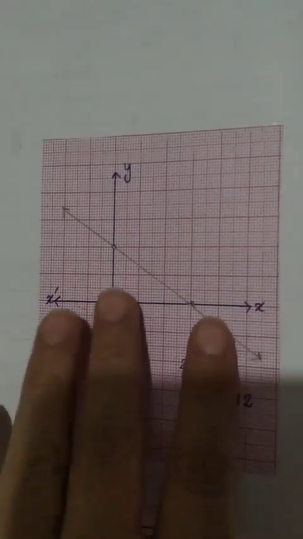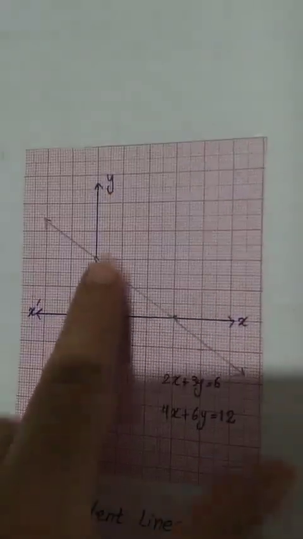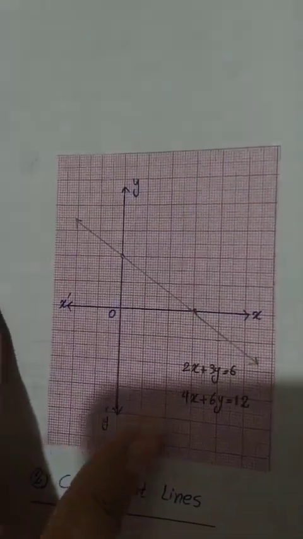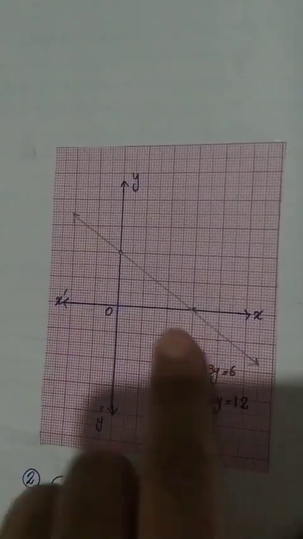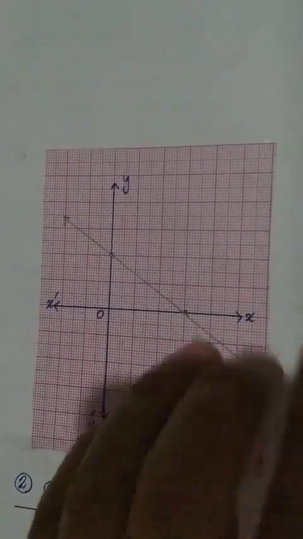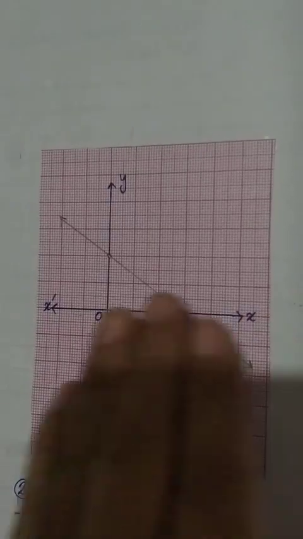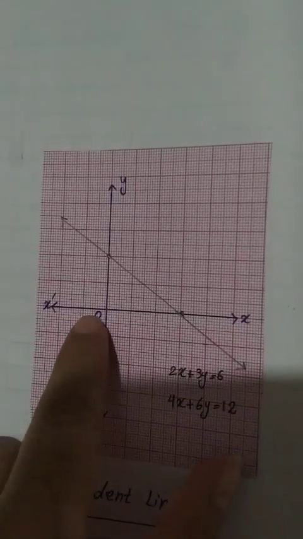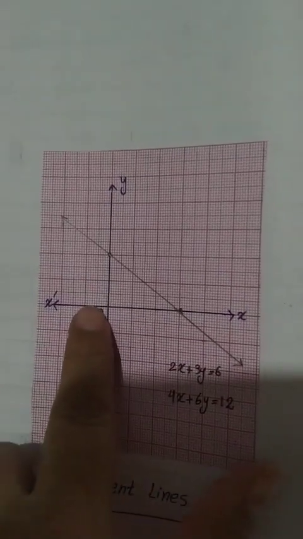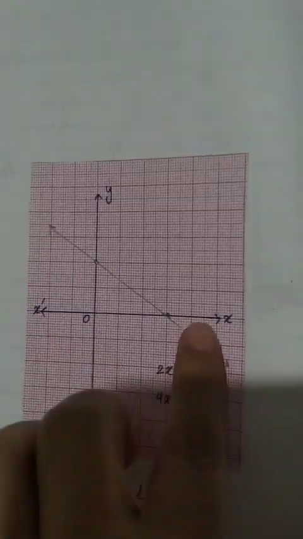Draw this one and draw this one on your graph paper. See, this drawing, if you are having a big paper, you can draw it in the center itself. If you are having a smaller paper and your number falls more towards one of them, you can do as he did. Push your 0 a little to this side and draw your line here.